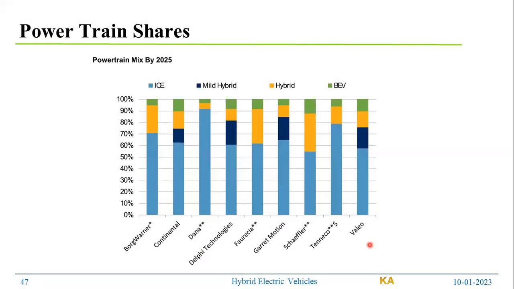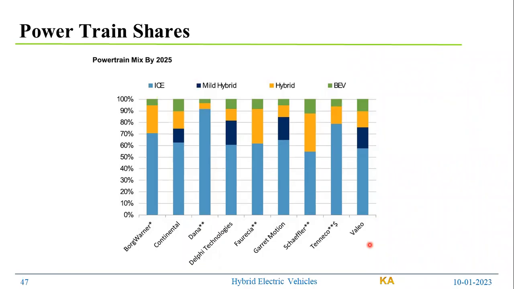If you see the market share for different companies, these are some of the top tier 1 companies which provide the powertrain, meaning the engine or powertrain inverter plus motor or starter motors.